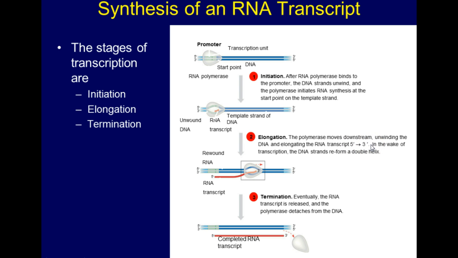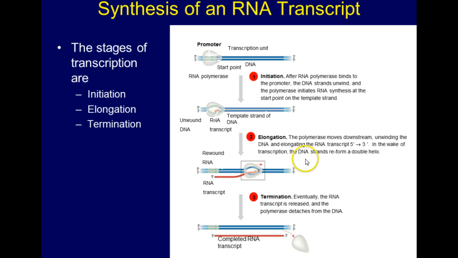Write that down because it's going to be important. Right here you see the 5' to 3' direction. So you can see that RNA polymerase is pointed that way, so it's going in the 5' to 3' direction.